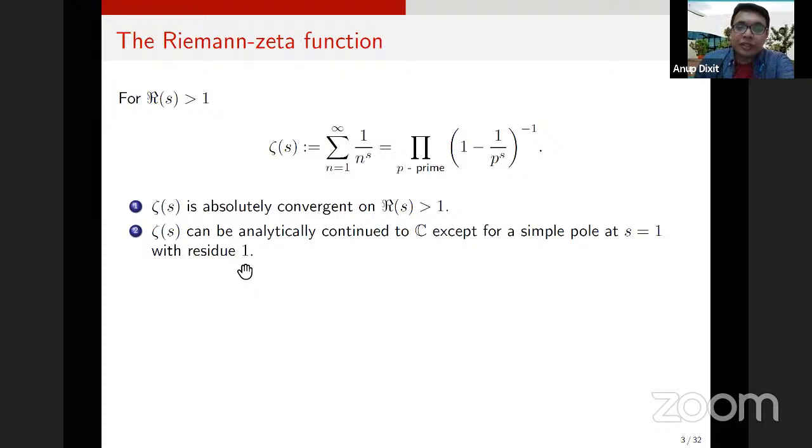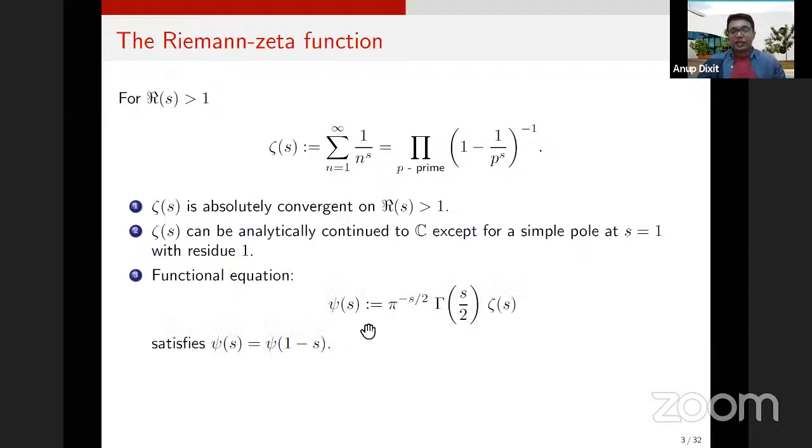Furthermore, after we have that this function makes sense on the whole complex plane, it also enjoys a certain symmetry. If I multiply this particular gamma factor to the zeta function, the resultant function psi has a symmetry about the half line. It satisfies psi of s equals psi of 1 minus s.